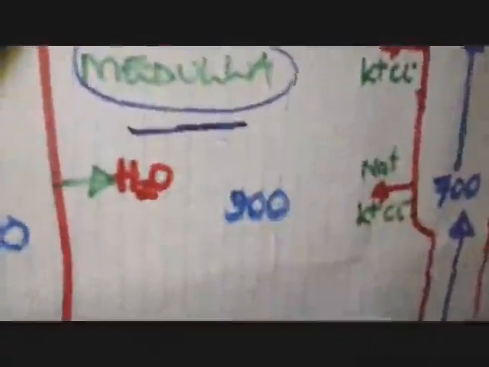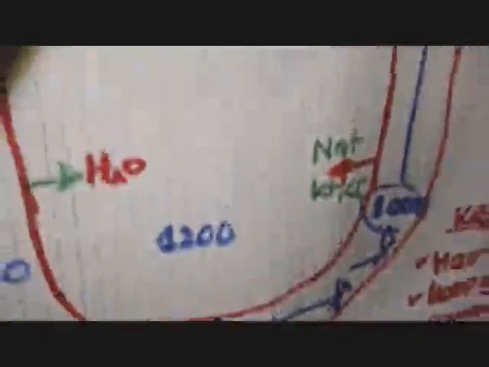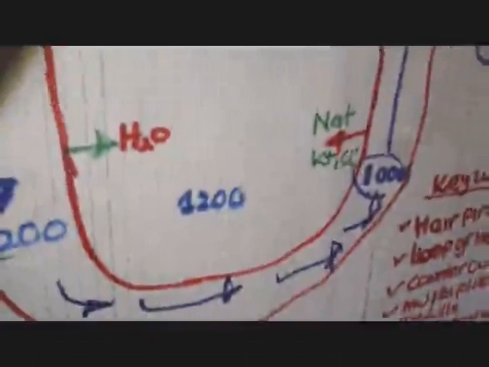Now what does this imply, members? The fluids move from the descending side and then around like that. Those fluids have been carrying the salts.